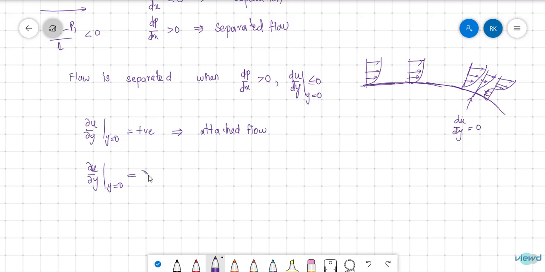If it is equal to 0, then it is called separation start. If dou u by dou y at y equal to 0 is negative, that means with respect to y the velocity direction has been changed, the slope has changed at the surface. That is called separated flow.